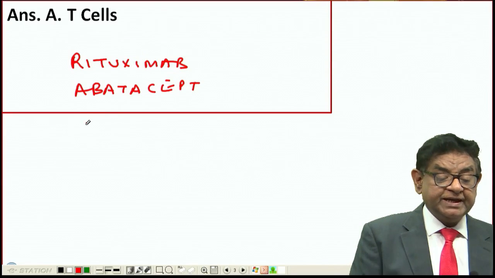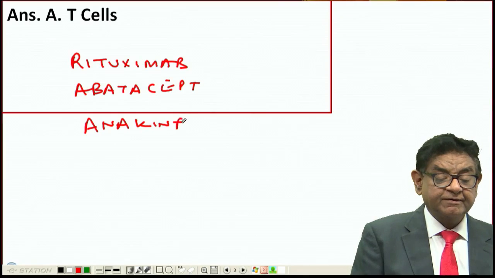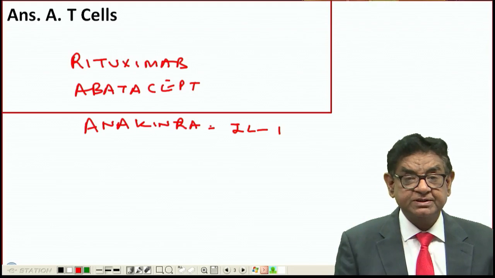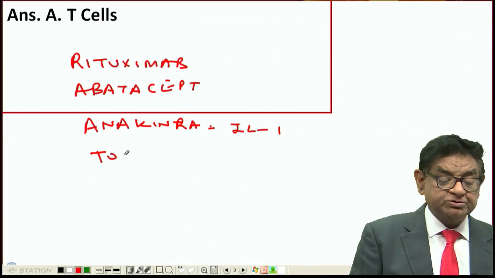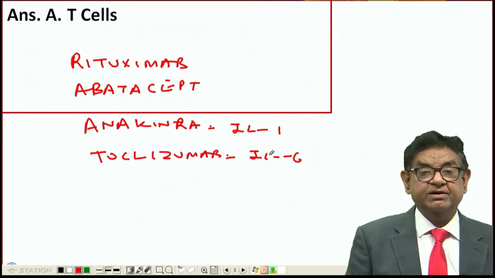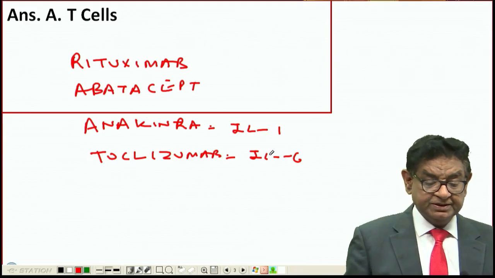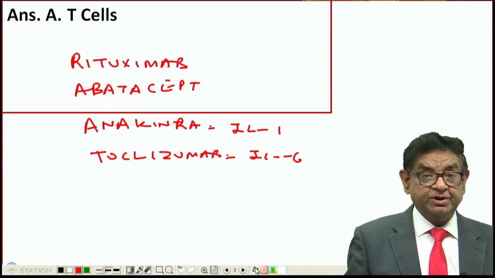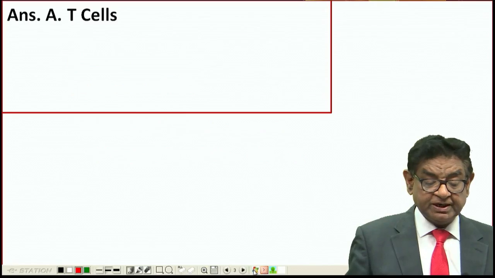We also use anakinra, an interleukin-1 antagonist. We also use tocilizumab, which is an interleukin-6 antagonist. Okay? So I hope you are clear about the newer drugs we use in rheumatoid arthritis.